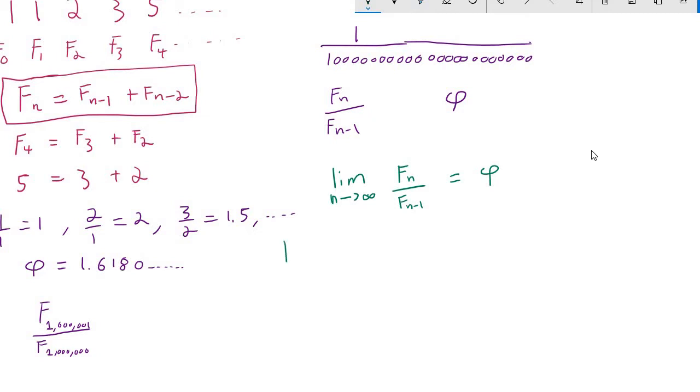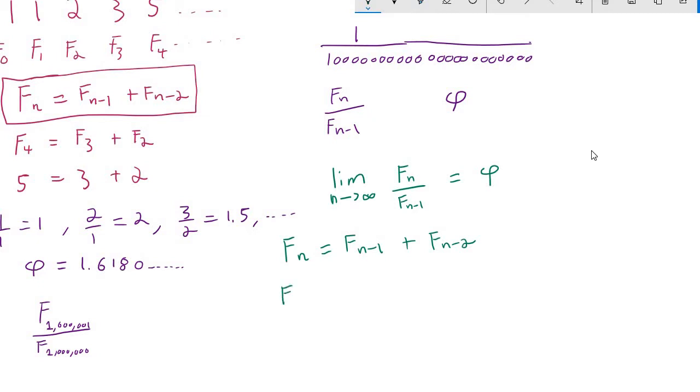So I'm going to start with the defining equation of our sequence. So Fn is equal to Fn minus 1 plus Fn minus 2. And now I'm going to divide both sides of the equation by Fn minus 1.